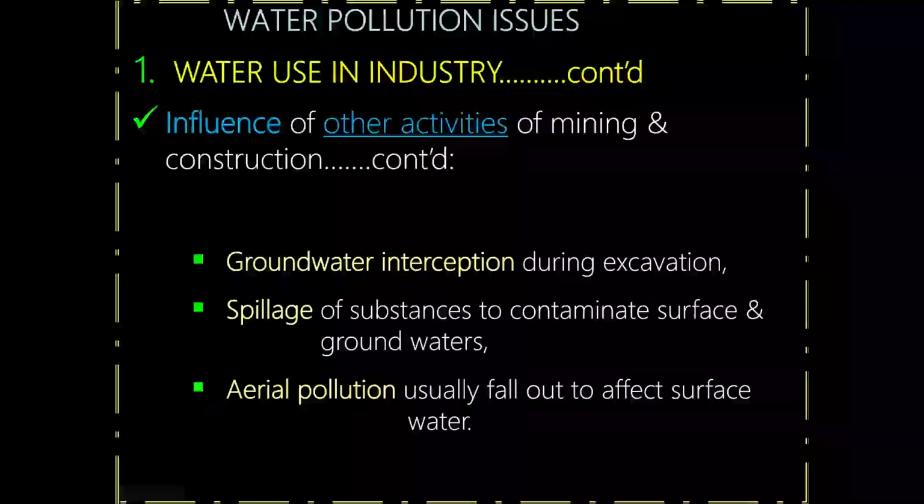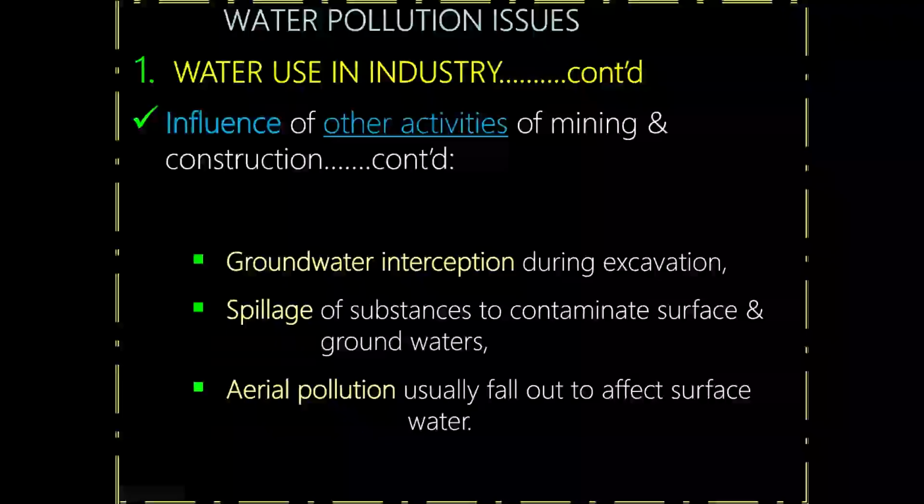So in all this, yes, we are using water in large volumes in the mines and in our industries. There are two things that can happen when we use this water. First, it will definitely do the work we want it to do, like cooling, processing, and transportation.